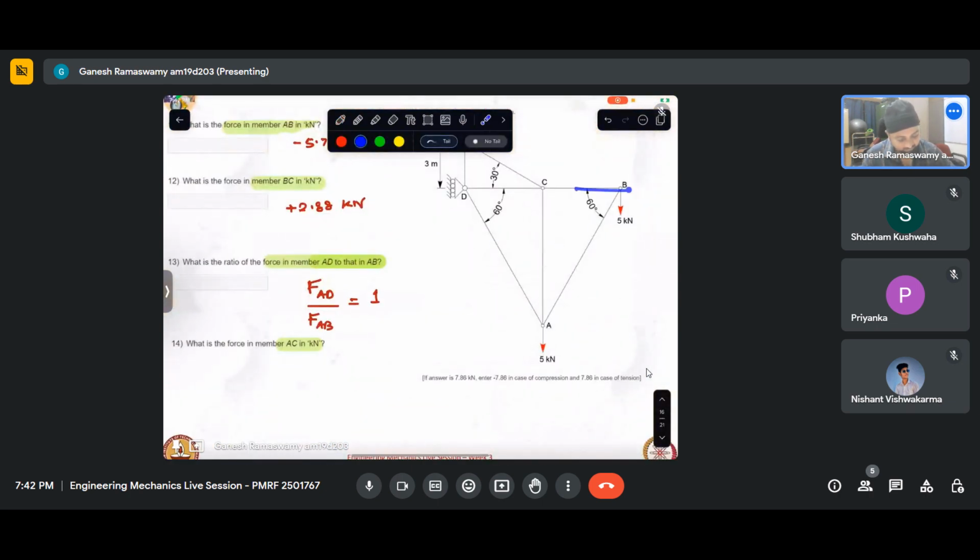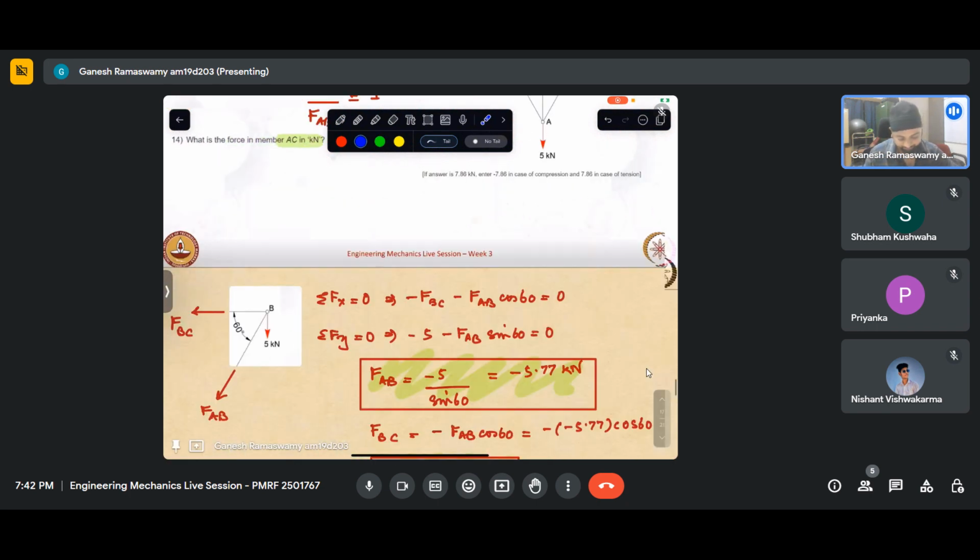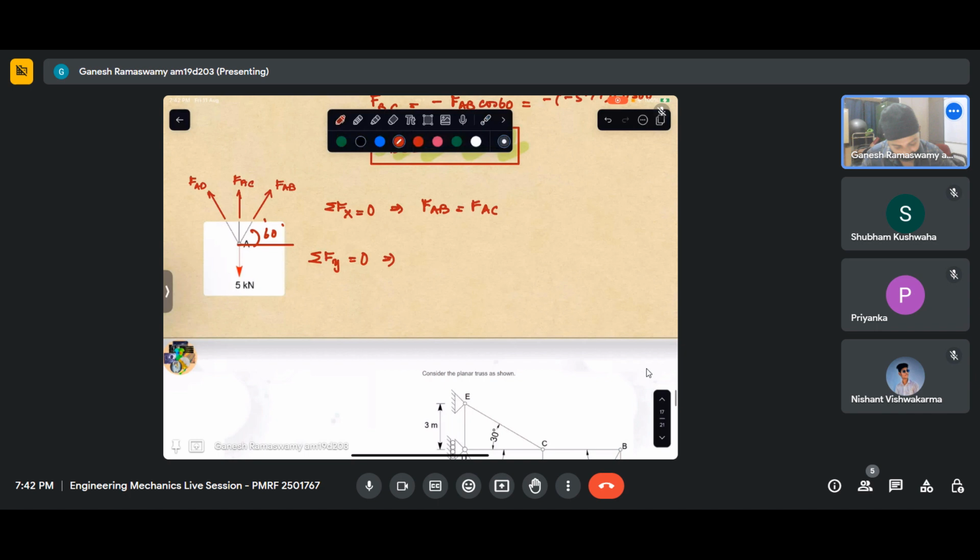If this is 60, then this also has to be 60. It gives me FAB sine 60 into 2, because I'm taking this twice, plus FAC minus 5 equals 0.